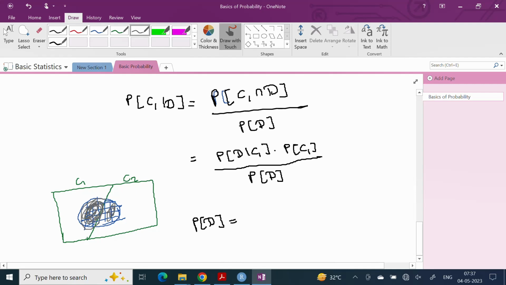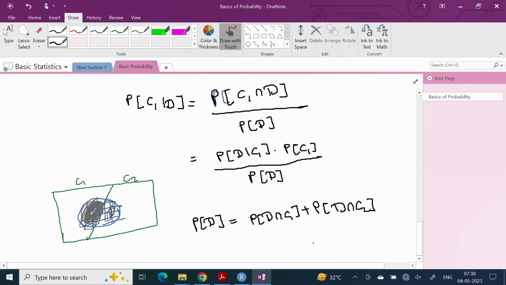So this half is, in set theory, what is this? It is the common part of C1 with D, because the circle is D. So probability of D I could write as probability of D intersection C1 plus probability of D intersection C2. So the total probability of D I could break down into parts D intersection C1 and D intersection C2.